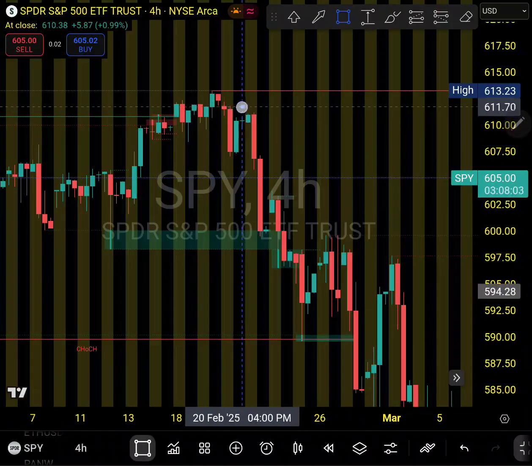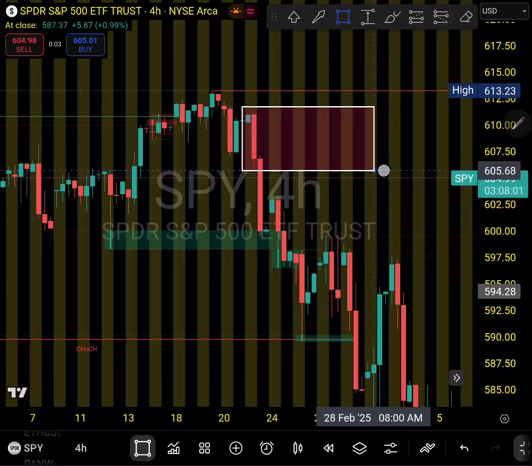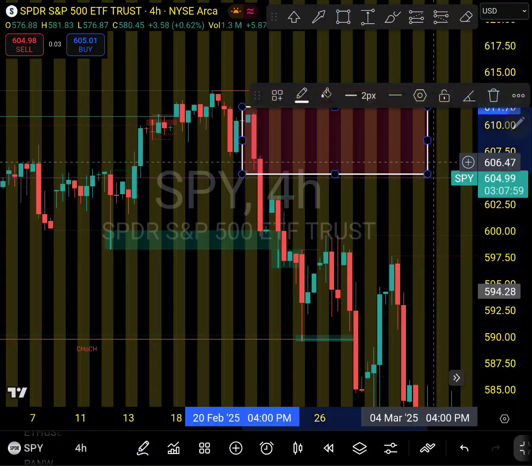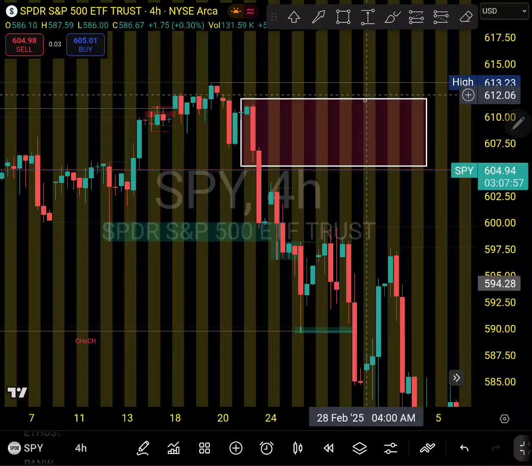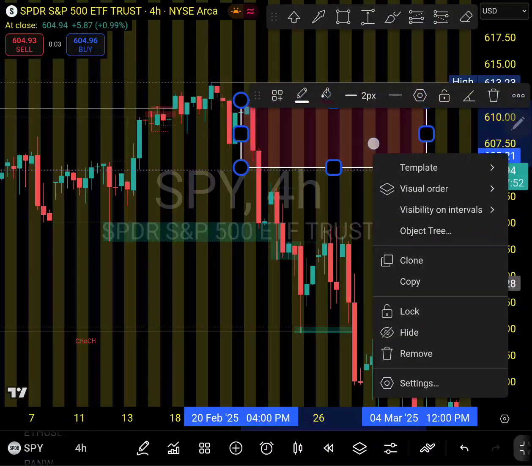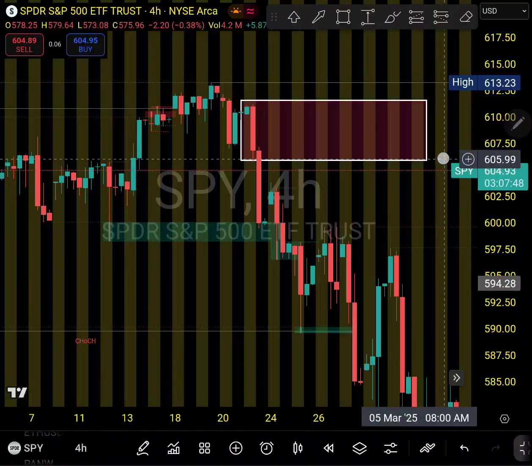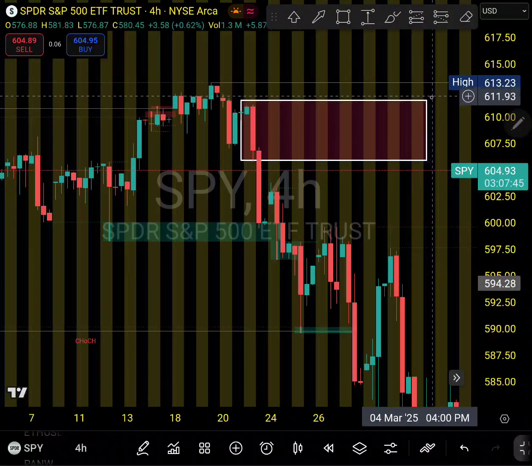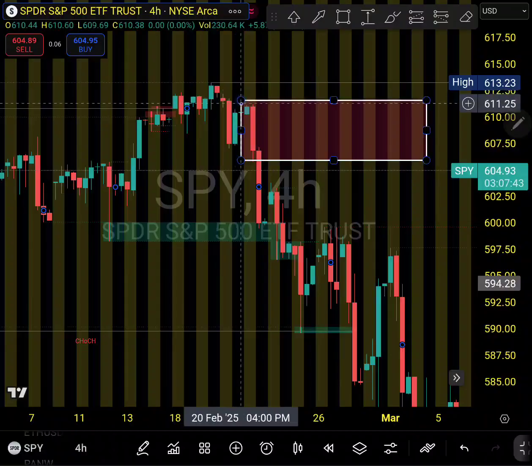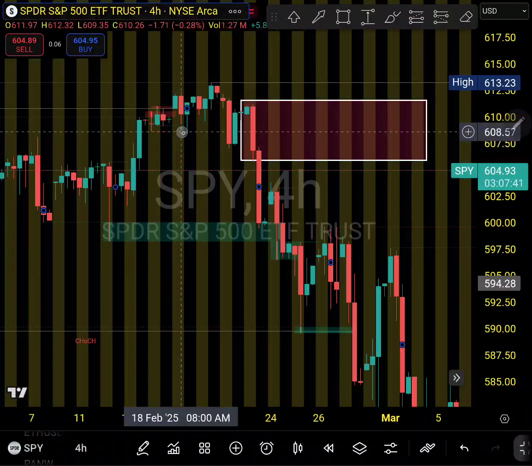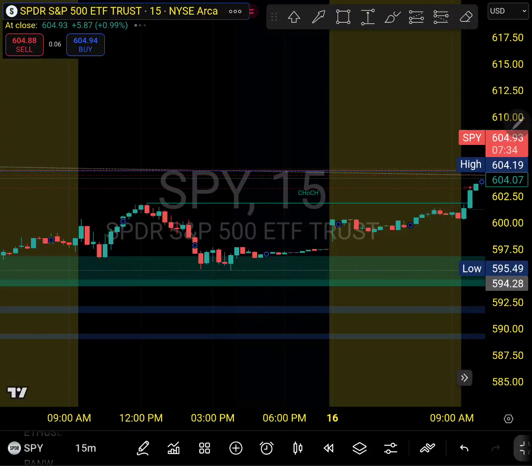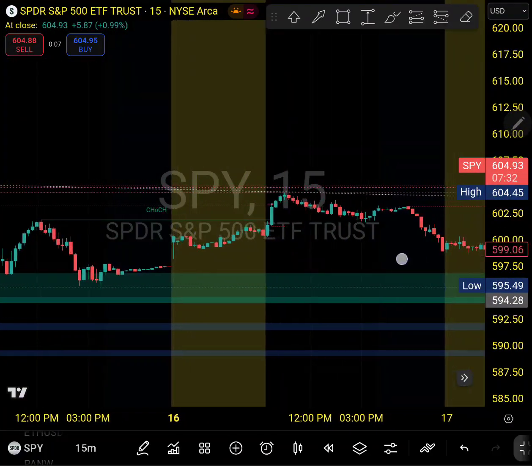I would consider this particular candle, starting from 605 to 611. So we still have a good resistance sitting between 605 and 611. So what you can do is plan your trade today.